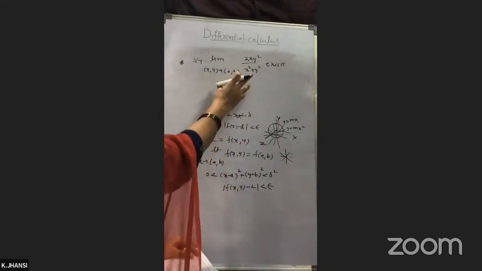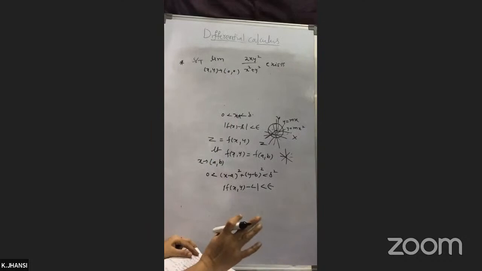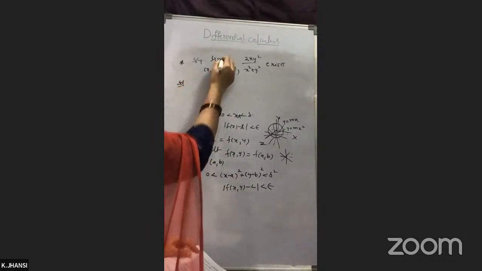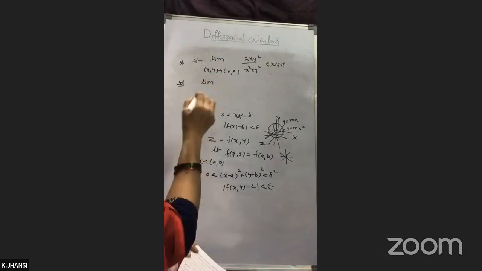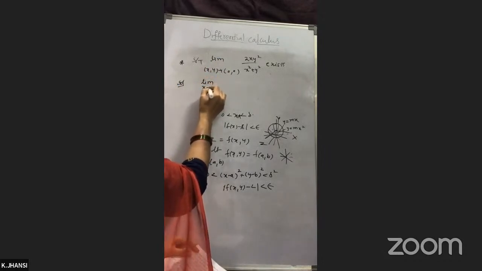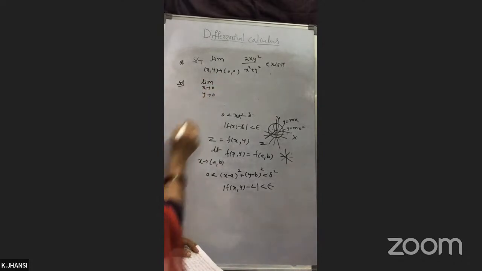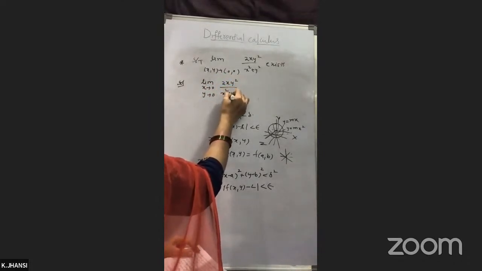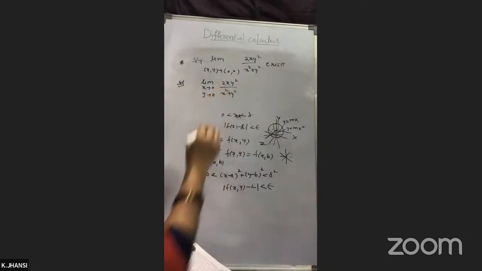So for such types of problems, you will not use RHL and LHL. How do we solve directly? We write limit x tends to 0, limit y tends to 0 of 2xy square by x to the power of 4 plus y to the power of 4. Okay, it's y power 4, ma'am.